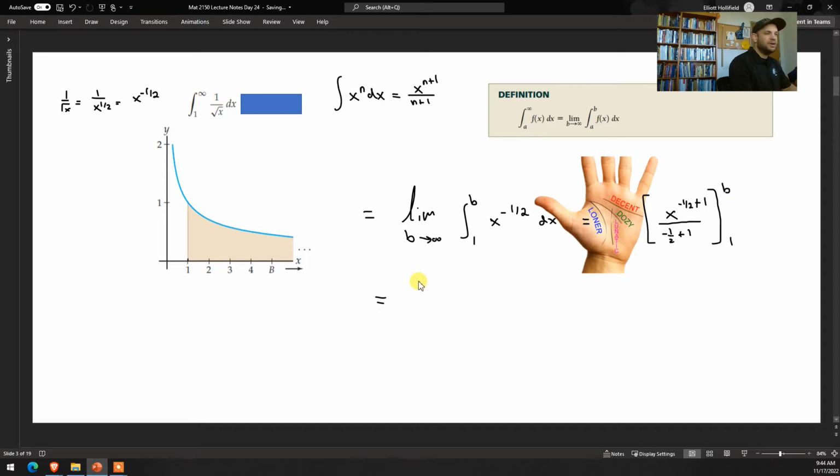Now let's simplify first. 1 minus 1/2 gives us 1/2. Divided by 1/2 gives us multiplication by 2. Now we can evaluate in between 1 and b.